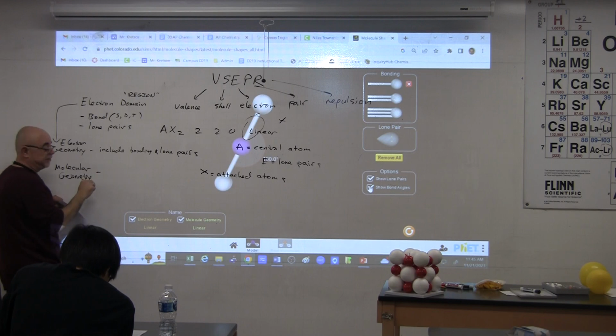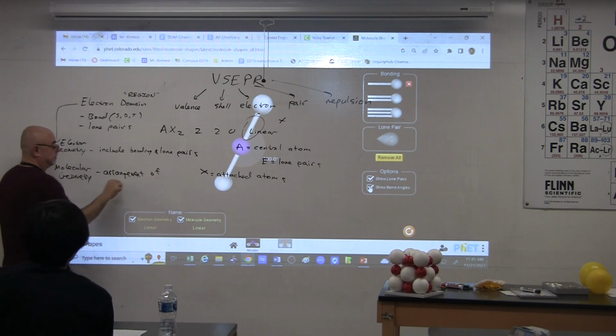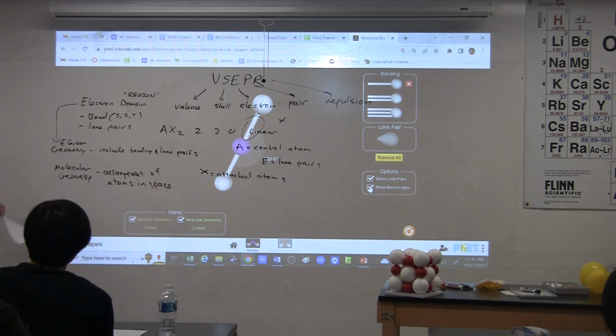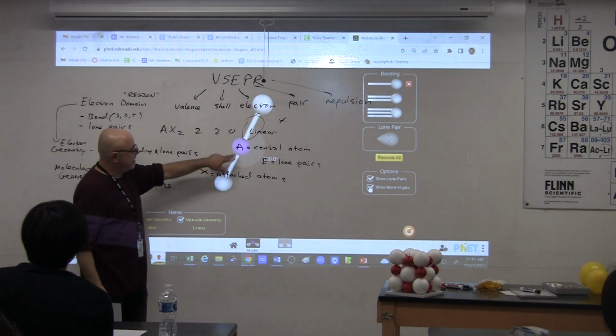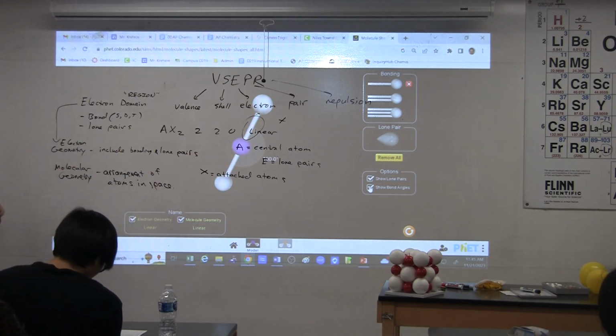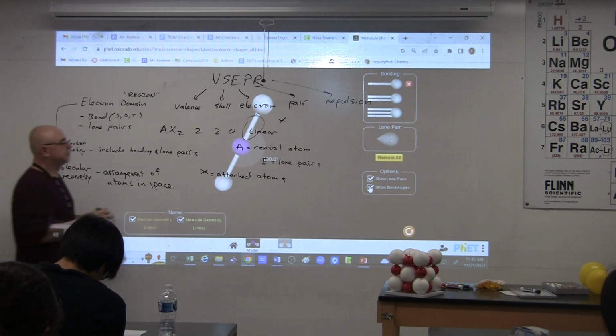So this geometry is based on the arrangement of atoms, not just the electron pairs. So in this case, again, just the simplest one, if you look at all 3 atoms, they are in a line. So the molecular geometry, which focuses on how the atoms are arranged, is also linear.